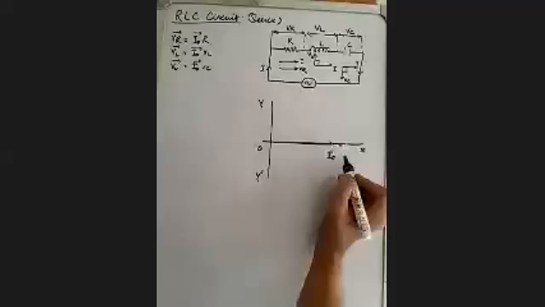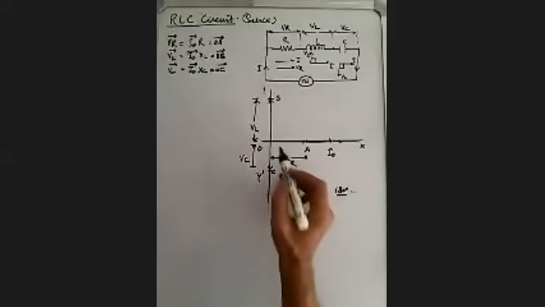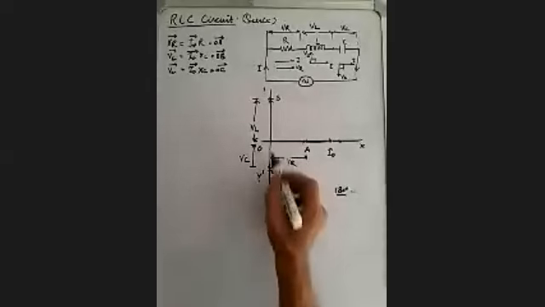Let us say this point is B, so the OB vector represents VL. The magnitude of OB is VL. And now the potential difference VC is represented by the OC vector.